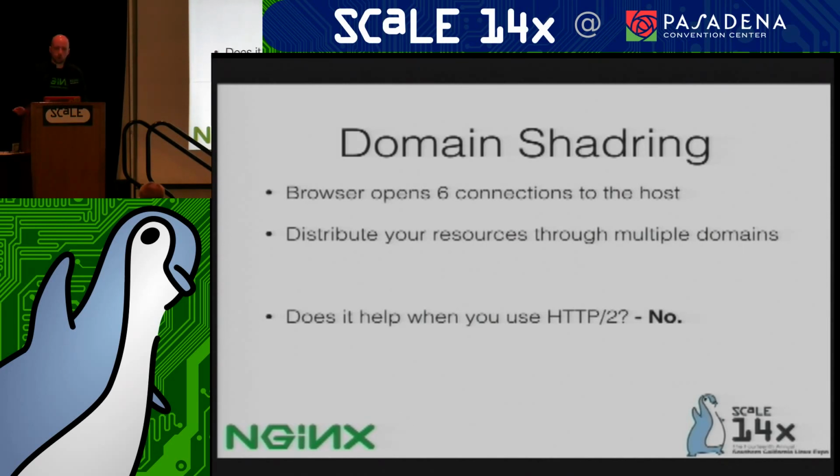The browser opens only up to 6 connections per host, and sometimes when you want the browser to download more resources at the same time, we put our resources into different subdomains or into a set of completely different domains like www1, www2, and so on. That way, the more domains we implement, the more connections the browser will open, and potentially, sometimes, it becomes a little bit faster.